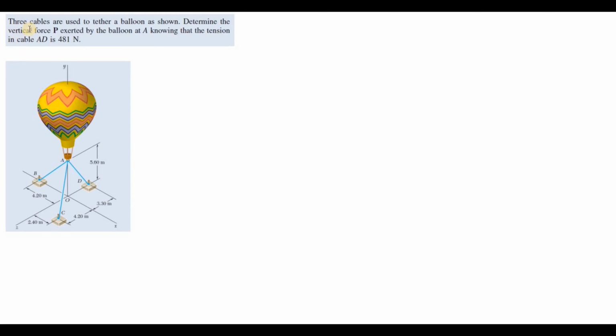For problem 3, we have 3 cables used to tether a balloon as shown. Determine the vertical force P exerted by the balloon at A, knowing that the tension in cable AD is 481 newtons. First, I'm going to set up the free body diagram at point A, along with the coordinate system.